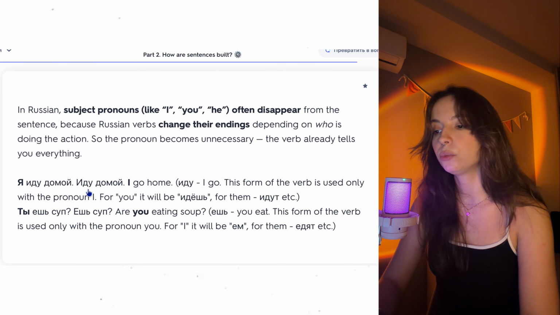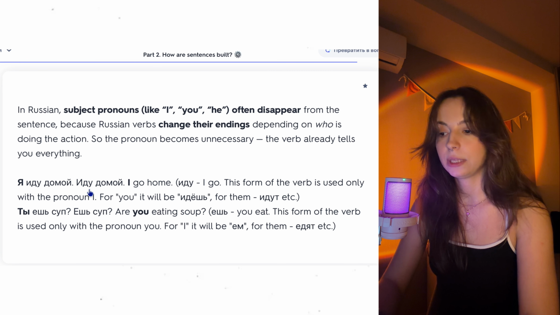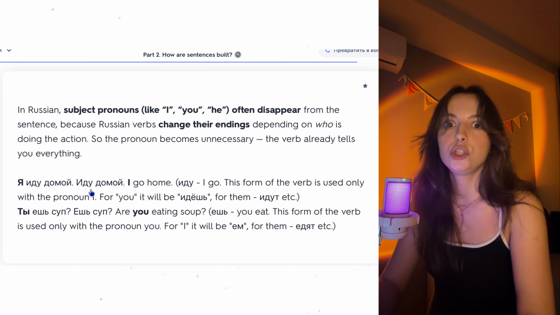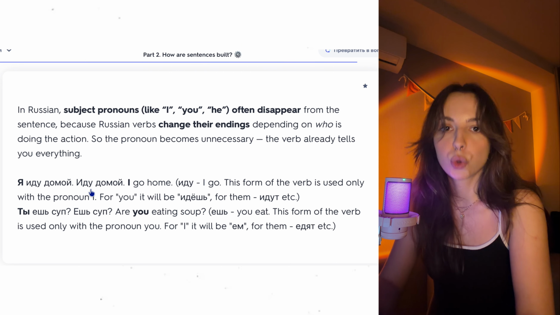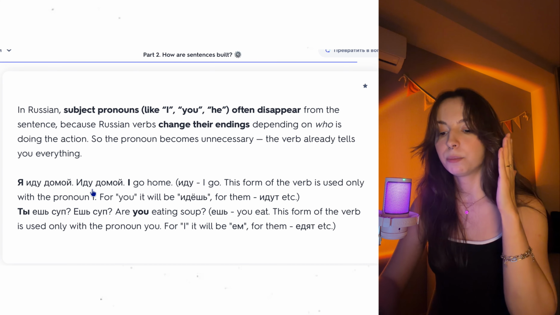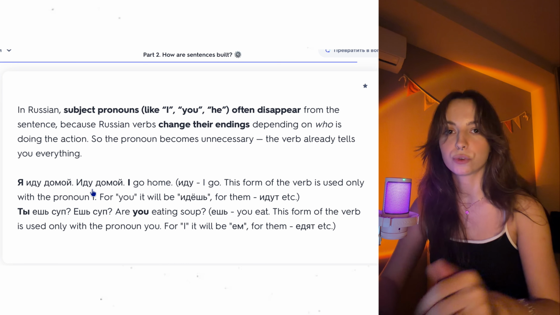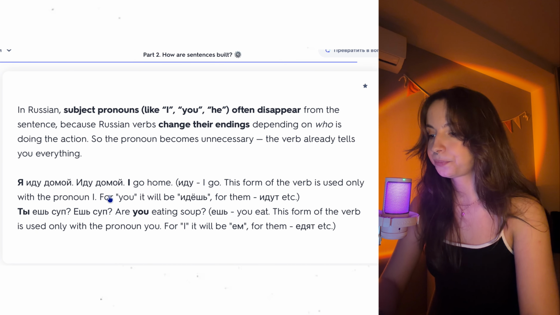Иду is used only with я. Я иду. Он идёт. Она идёт. Мы идём. So every pronoun has a different verb form. That's how the verb conjugation rule works.